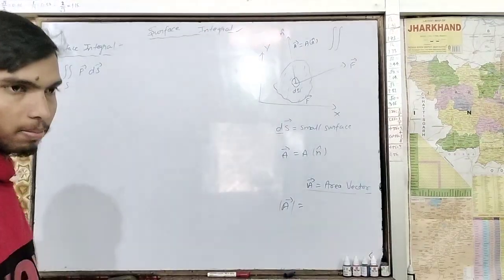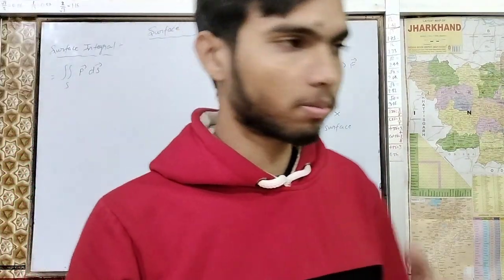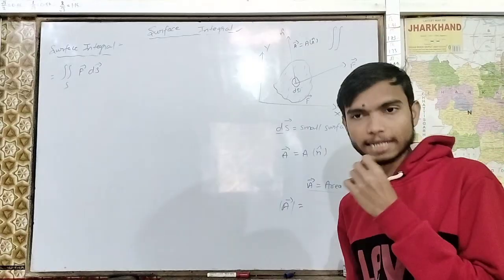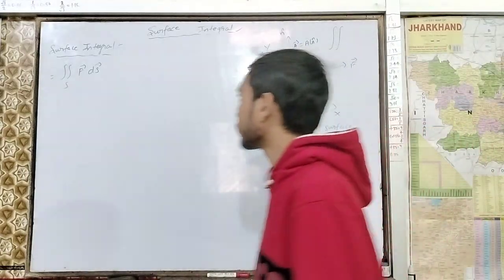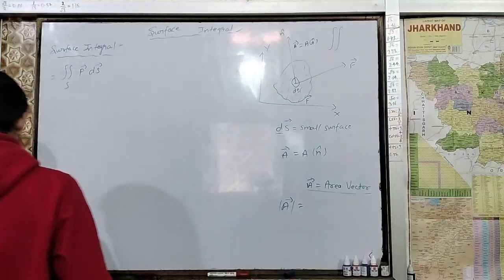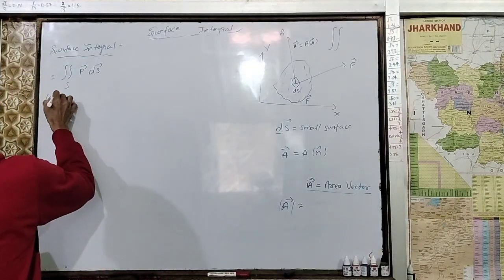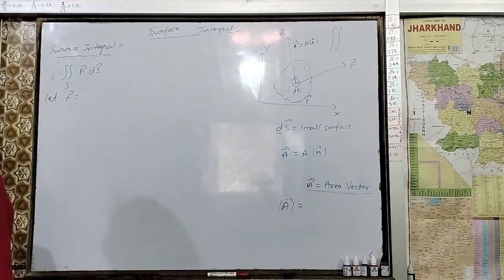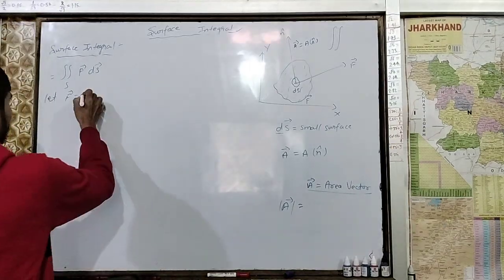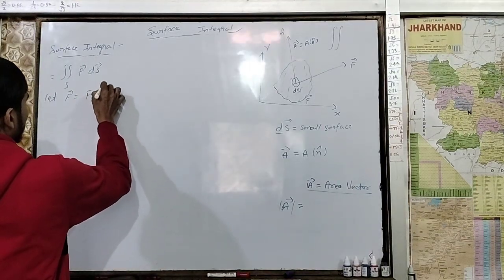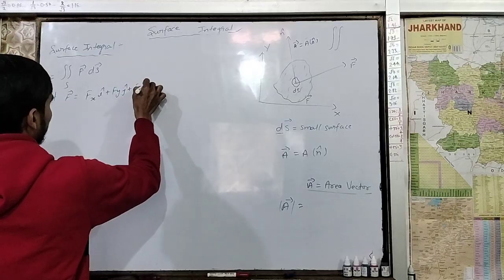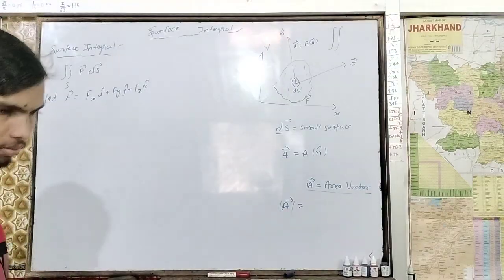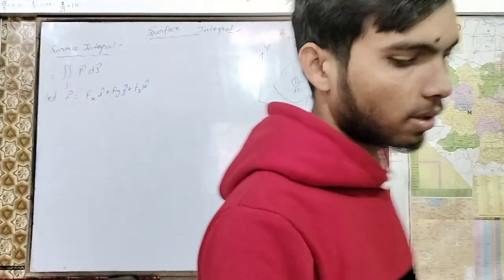This was very simple, it is a simple form. Now let's see this in vector form. Let the vector F have components Fx i cap plus Fy j cap plus Fz k cap. These are the components of the vector field.